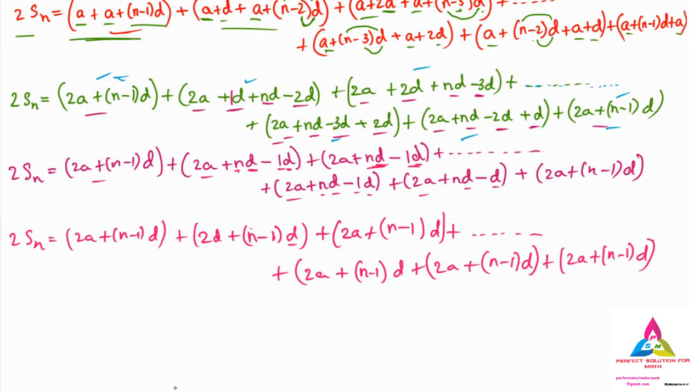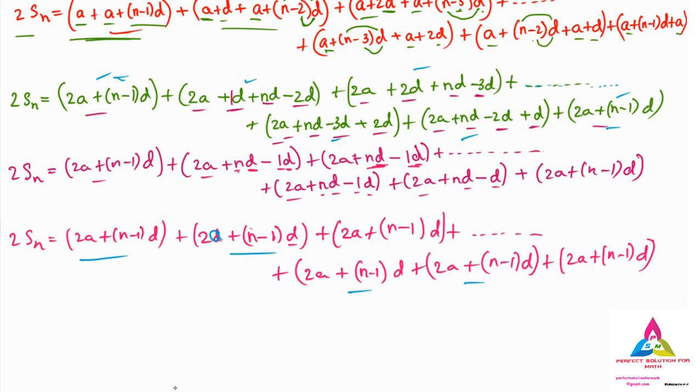So here it is clear, if you glance at it correctly, everywhere you have 2a plus n minus 1 into d, 2a plus n minus 1 into d, everywhere you have 2a plus n minus 1 into d.